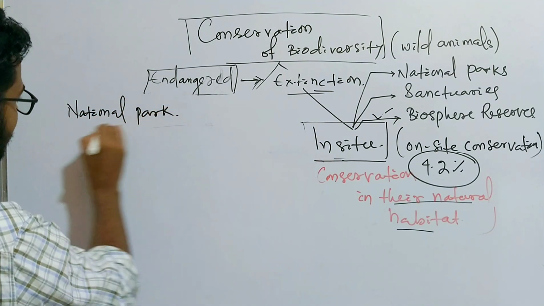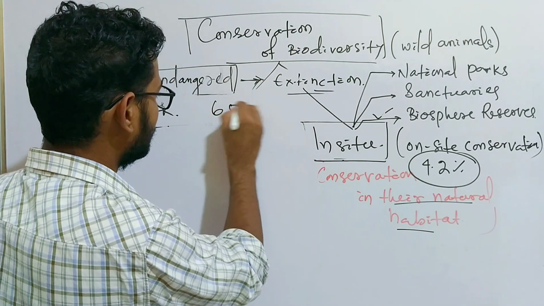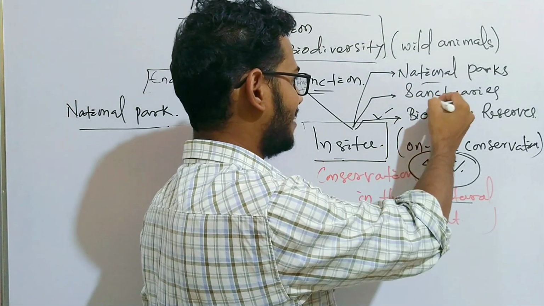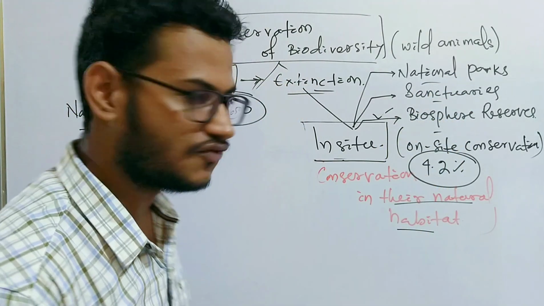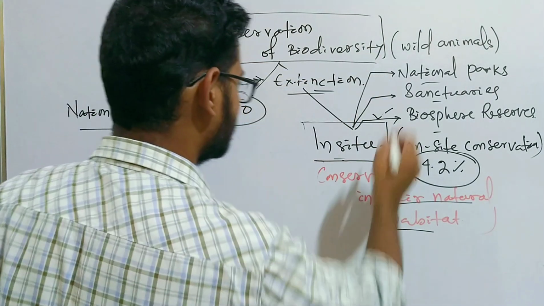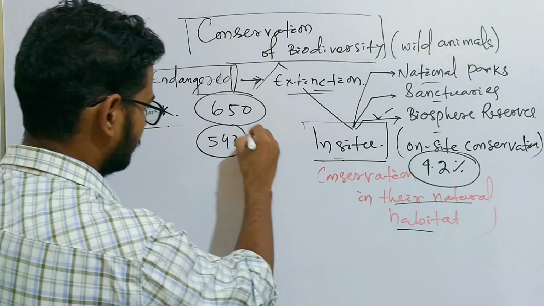Remember, in India there are more than 650 protected areas together, the national parks, sanctuaries and biosphere reserves, out of which the highest number is sanctuaries, that is 543.